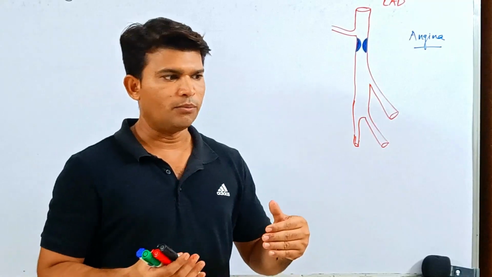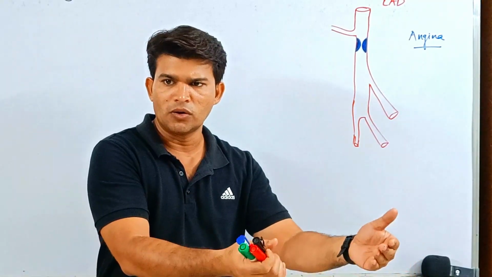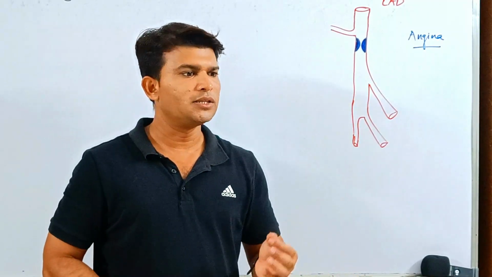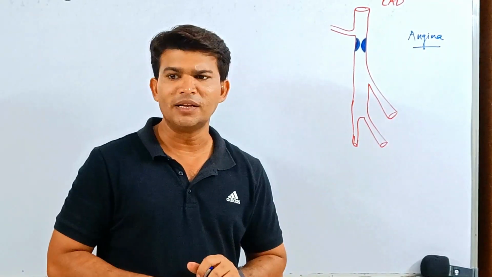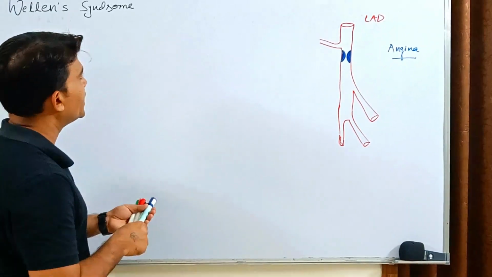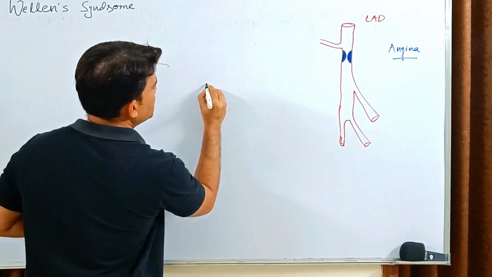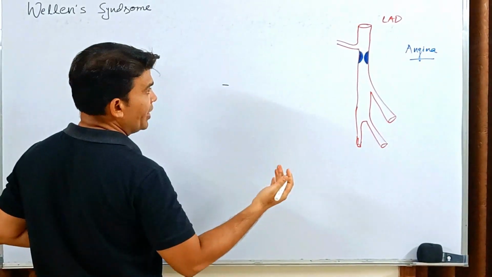When the patient goes to the clinic or hospital, the doctor does a 12-lead ECG, and the ECG shows some typical changes. Okay, I'm going to draw the Wellens pattern.